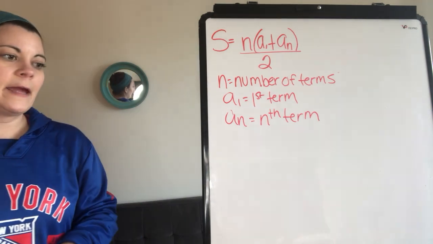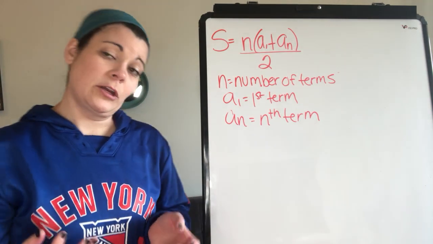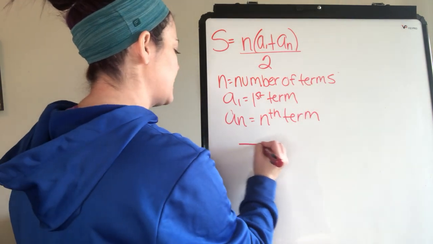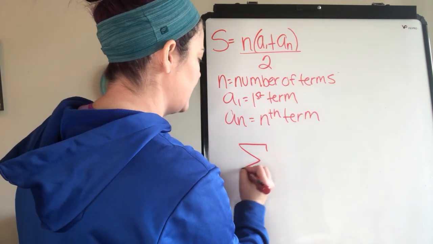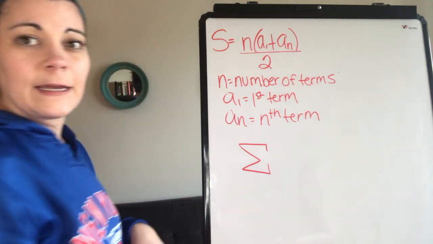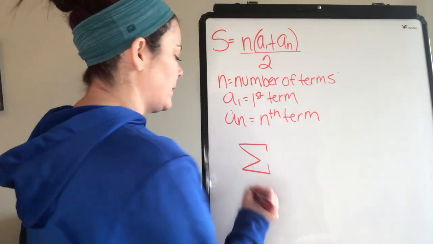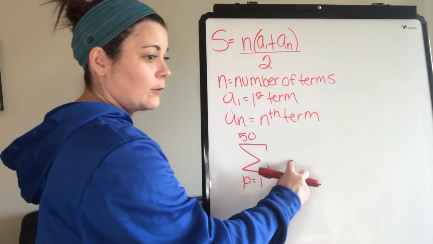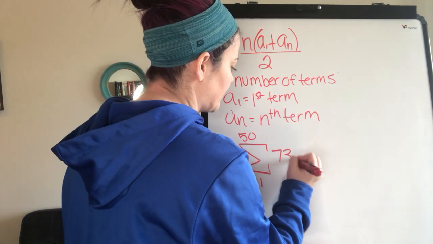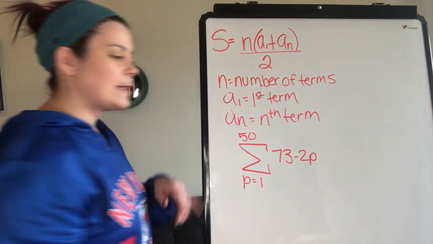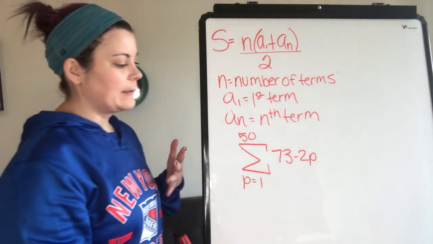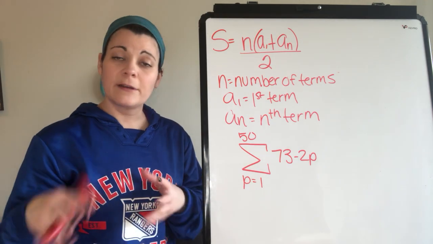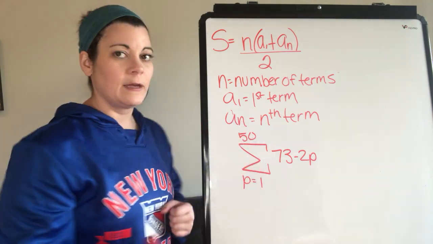Okay? And this is written usually in sigma notation. So to find the sum of a series, it's written with that funky E called sigma notation, and it would have p equals 1 and then 50, and then it has an equation out here. What sigma notation says is that our numbers go from 1 to 50.